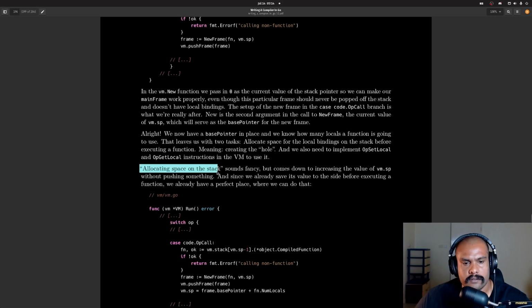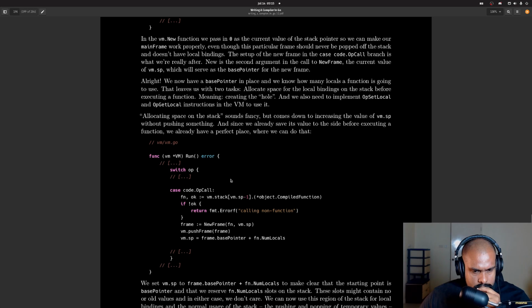It's an array, so it's just moving the pointer ahead, increasing the value of SP. And since we already save its value to the side before executing a function, I don't see what the big deal is. Just pass in the stack pointer.